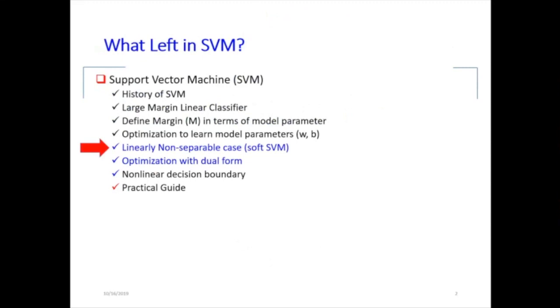To summarize, in SVM we covered the margin definition and the basic optimization for the linearly separable case. Then during last class, we covered the non-linearly separable case, where we use a kernel trick to extend x to phi x. But in the SVM case, we don't directly write out phi x. We write out something called a kernel, which is equivalent to phi x transpose phi z.